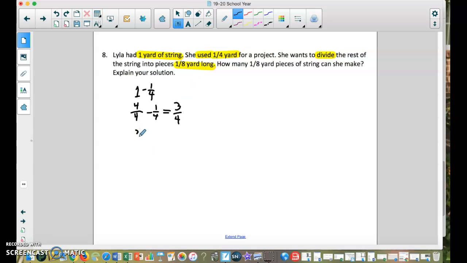So we're going to take our 3/4 and divide that into 1/8, or split that into equal shares, we know that's division, into 1/8 yard long pieces. And I always say that this is how many 1/8ths are in 3/4.